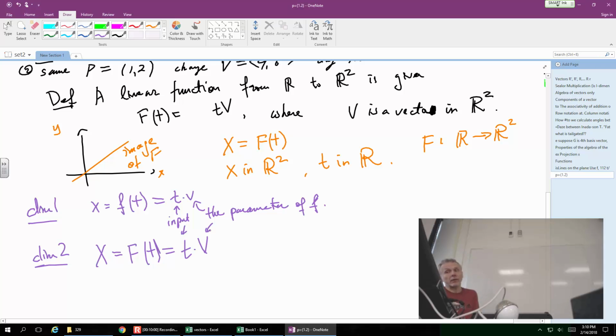The input is the same, t, but the parameter that determines f is this time a vector. So once again, f lowercase gives you a function, and every linear function is determined by v.